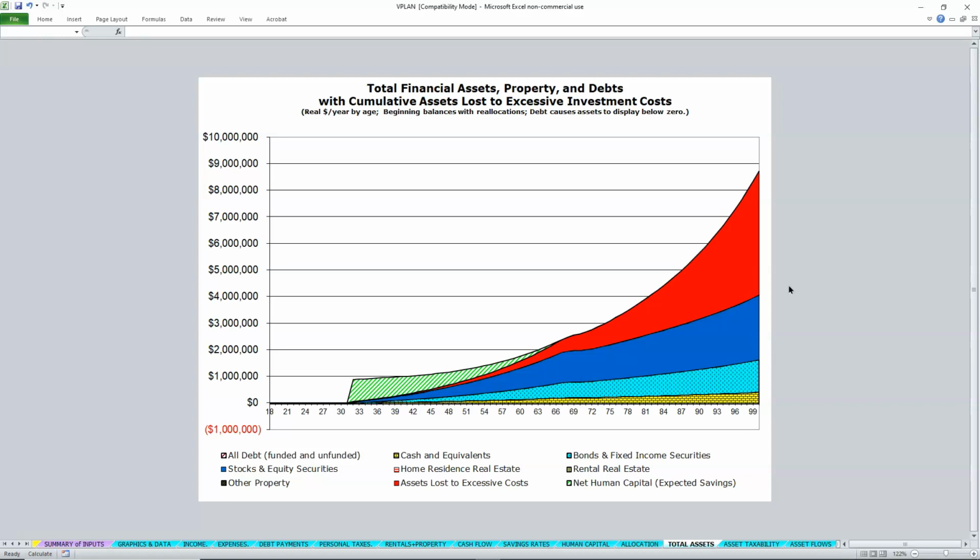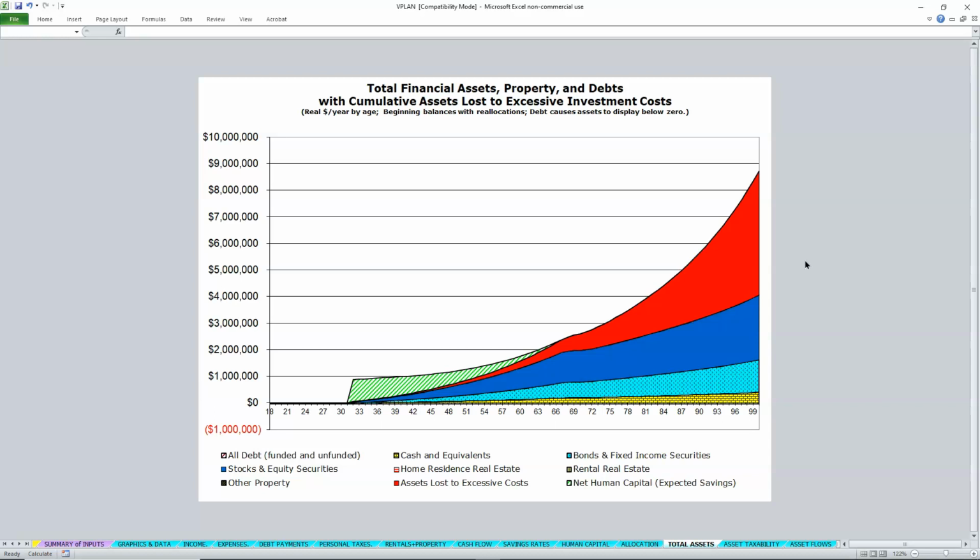And these lost returns will compound year after year across your lifetime in someone else's account. Assets lost to excessive investment costs tend to accelerate after you retire. While you may need to draw down your retained assets to cover negative cash flow in retirement, assets lost to excessive investment costs will accumulate without this drag.